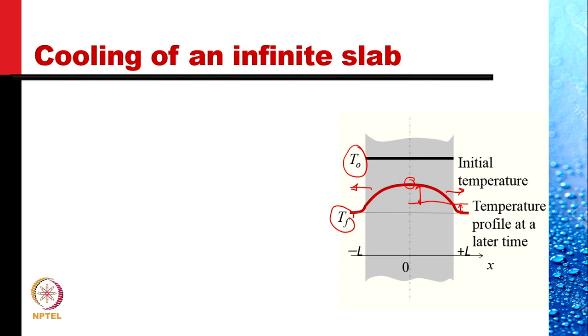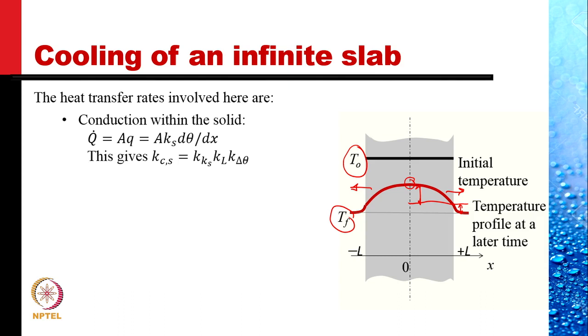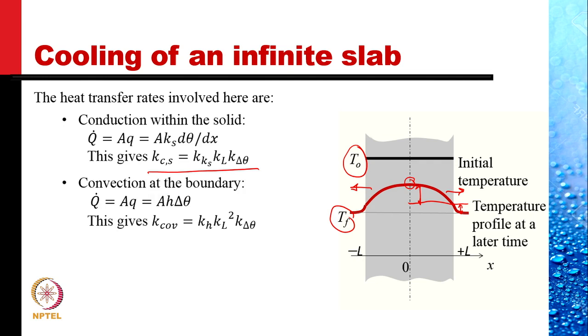The heat transfer rates involved here are conduction within the solid, and for this we had obtained the scale factor as Ks, KL, K delta theta. Conduction within the solid and convection at the boundary. Q dot is like A q, the heat flux, by Newton's law of cooling. This is A h delta theta, which gives you K convection as Kh, KL square, K delta theta.